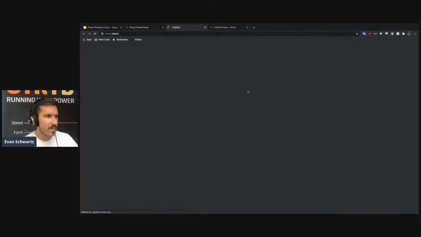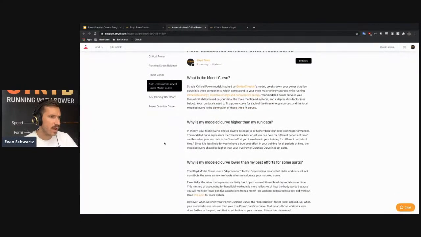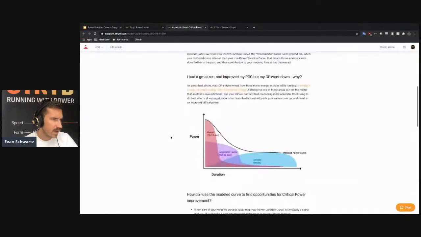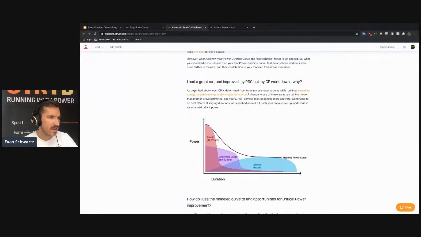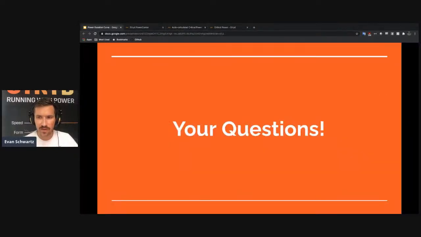In the auto CP model curve, we talk about why we use 90 minutes and the specific data we use, and you can find it in that section. I think we might be able to get some links posted in the chat as well, and producer Gus says he will post that. So look in the chat for the links.